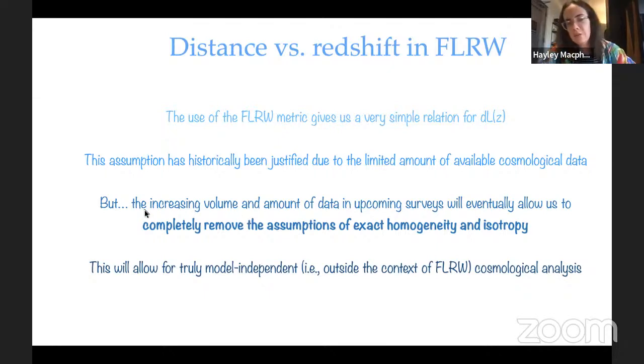But with the increasing volume of data in our upcoming surveys, we'll eventually be able to remove these assumptions of exact homogeneity and isotropy, and to either remove the FLRW background or to infer some local kinematic properties of the universe. And so this will allow for truly model independent analysis outside of the context of the FLRW model.